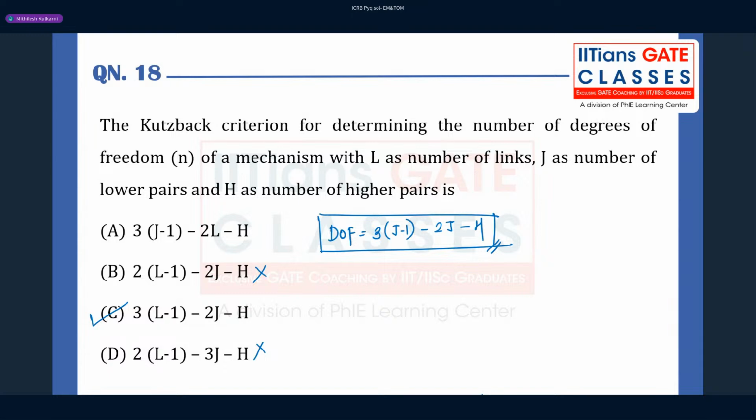If we have a joint which has 1 degree of freedom, then 2 times J has to be subtracted from it, since we are considering the motion in 2 directions. So that's why 2 multiplied by J has to be done. In option A, it is 2 into L, which is incorrect. So the correct option in this case is option C.